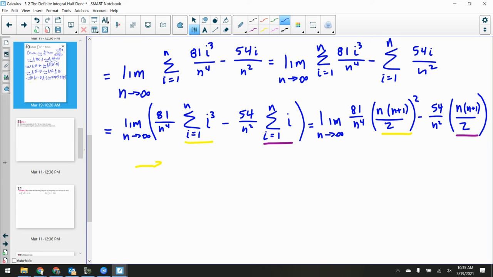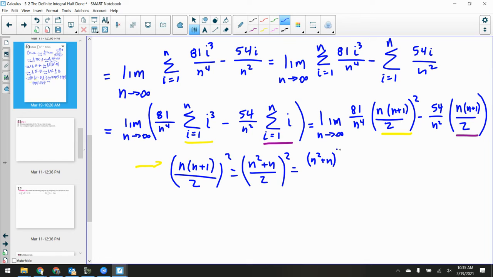That n times n plus 1 over 2, squared. So that's n times n plus 1 over 2 squared, which is equal to n squared plus n over 2 squared, which is n squared plus n, squared, over 4.